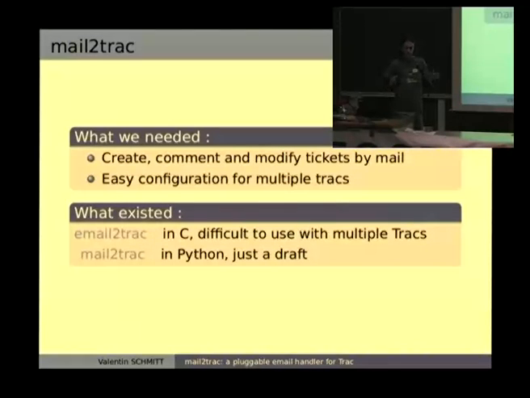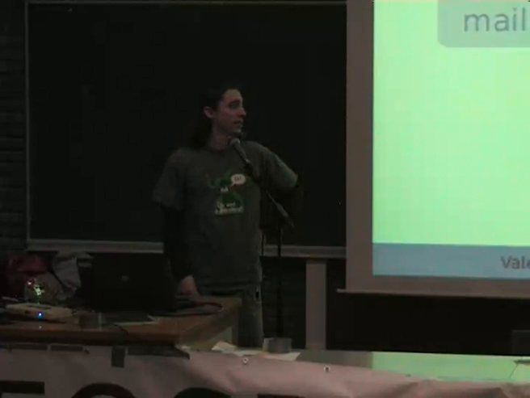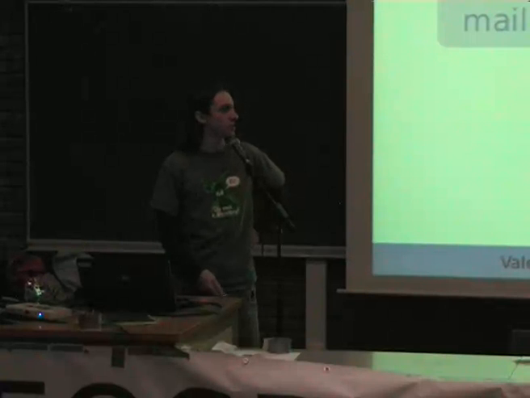I don't mean a beer, just a draft, and it was written in Python. So it's nice because the whole Trac community is really about Python. So we basically carried on the development that this developer named Kos had just begun.